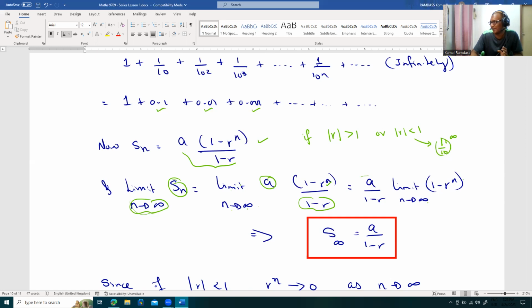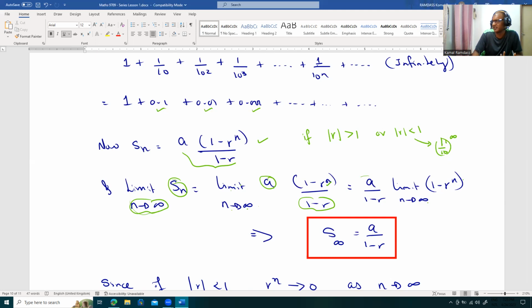Ça veut dire, at infinity, 1 over 10 to the power of infinity will be 0. Ça veut dire limite n tends to infinity, 1 minus r to the power of n, il will be 1. Therefore, S of infinity for such a series, il sera A over 1 minus r.